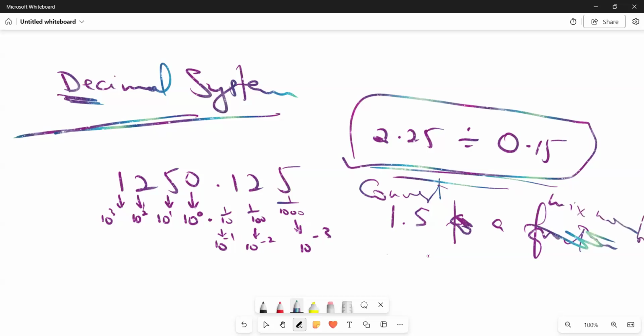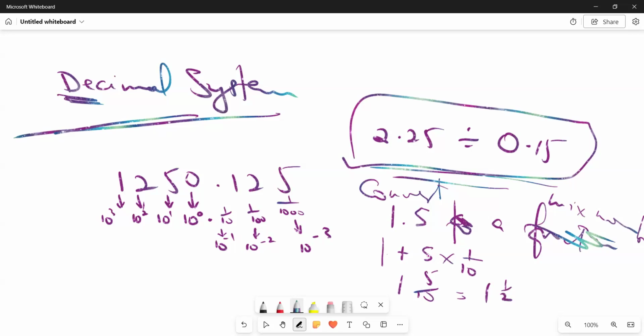So you have 1 and the 5. Remember, the 5 is in the 1/10 place value. So it's 1 plus 5 times 1 over 10, which is 1 and 5/10, which is 1 and a half, right?